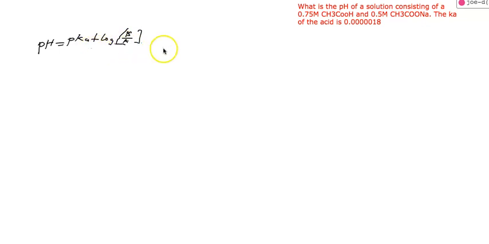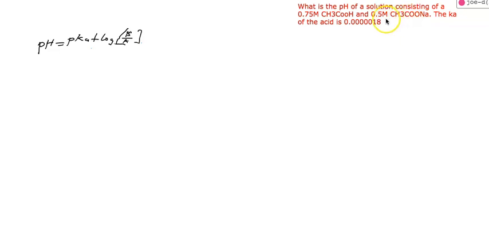Now, let's go ahead and look at this question here and see if we can use this equation to work out the pH. What is the pH of a solution consisting of a 0.75 molar ethanoic acid and 0.5 molar sodium ethanoate?